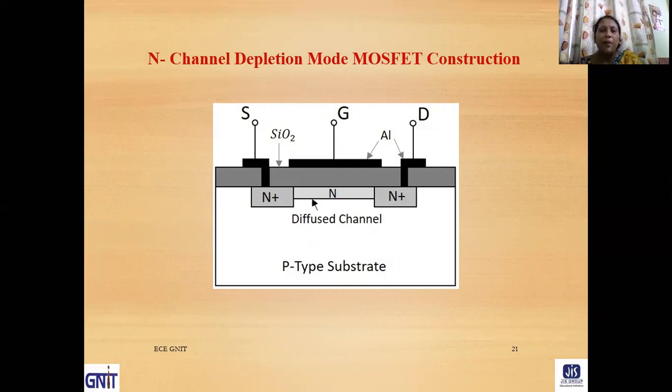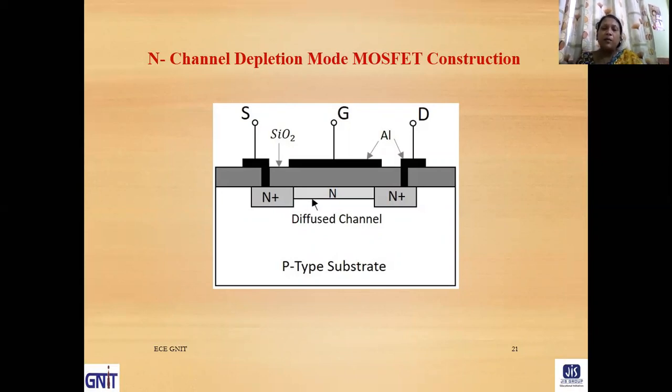Now for this N channel MOSFET, if you apply negative gate voltage, positive charge will be induced and the channel region gets depleted of negative free charge carriers.